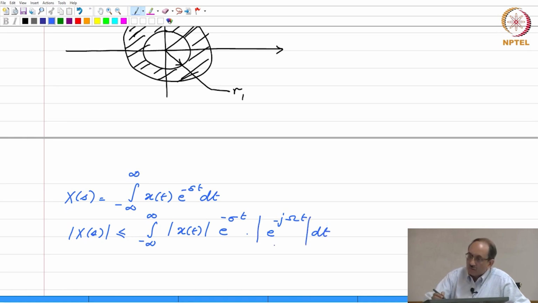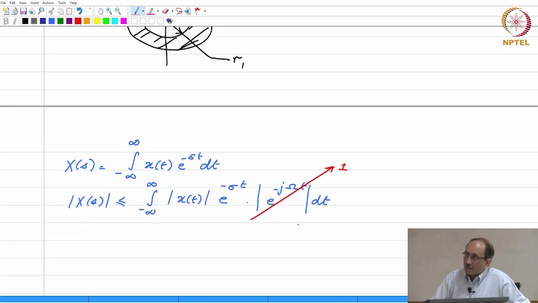You had to take the mod, and this term goes off. Therefore, the convergence of the integral was dictated by the parameter sigma, and sigma is the real part of s.